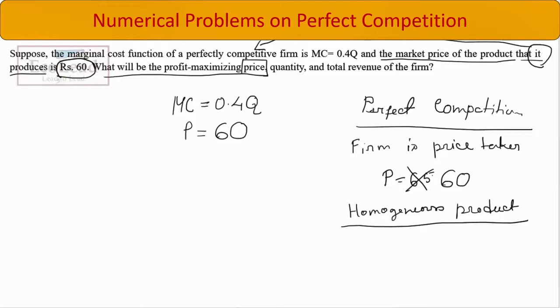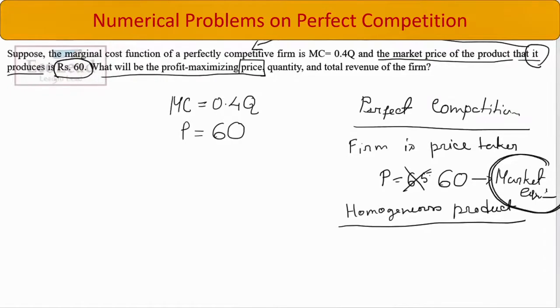So charging more or charging less is not beneficial for a firm in perfect competition. The profit maximizing price for a perfectly competitive firm is the market equilibrium price. That is the solution for the first question.